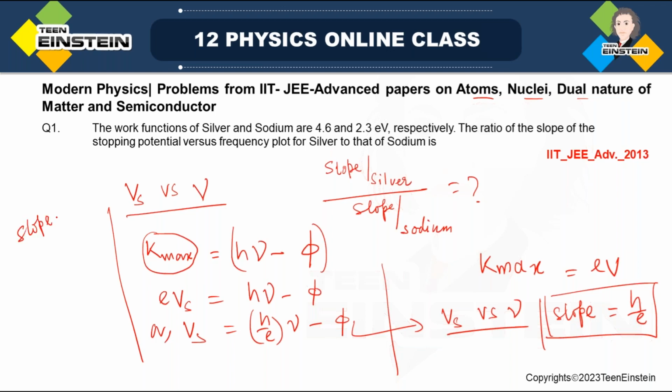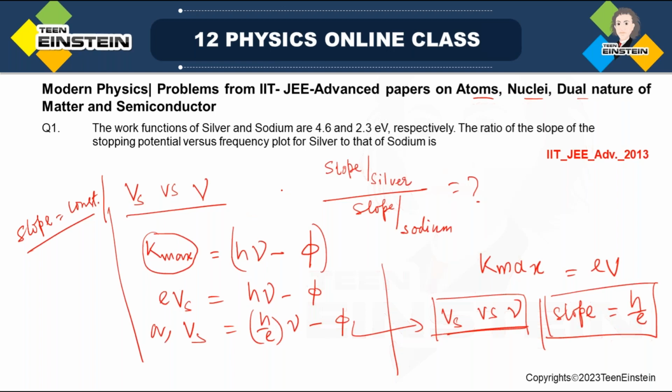It does not depend on the value of the work function. Therefore, the slope of stopping potential versus frequency of any metal will be the same.